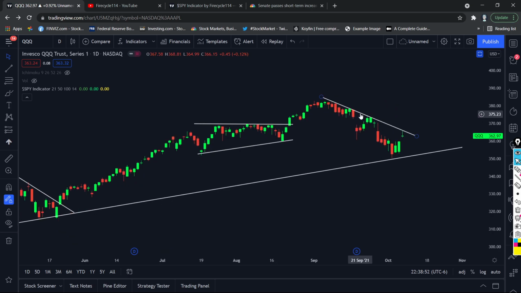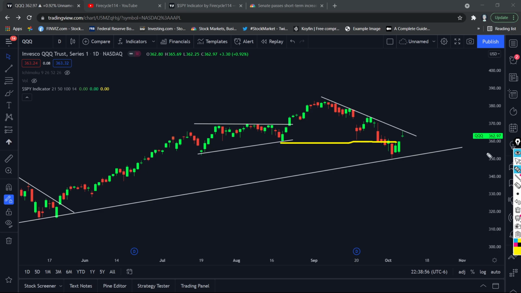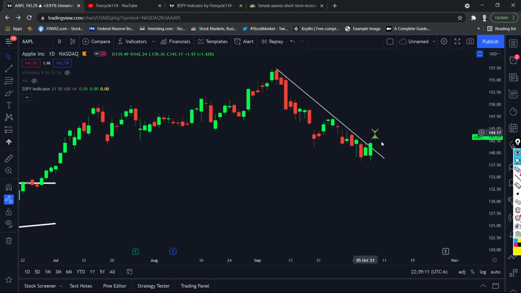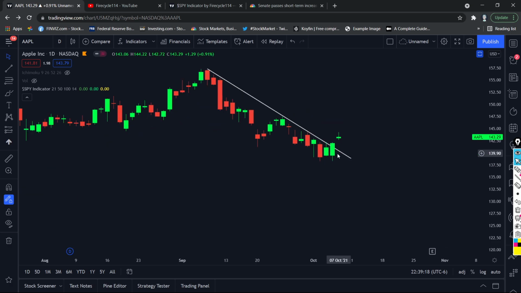But for right now, we have this downtrend breakout. I'm looking to fill this gap tomorrow. We have a nice support right over here. If we hold that support, that is when I'm looking to buy calls for an earnings run up, since overall that is a major support. Let's look at Apple. Right over here we have this downtrend breakout, and Apple did break out. Tomorrow I'm expecting it to pull back and test this support.